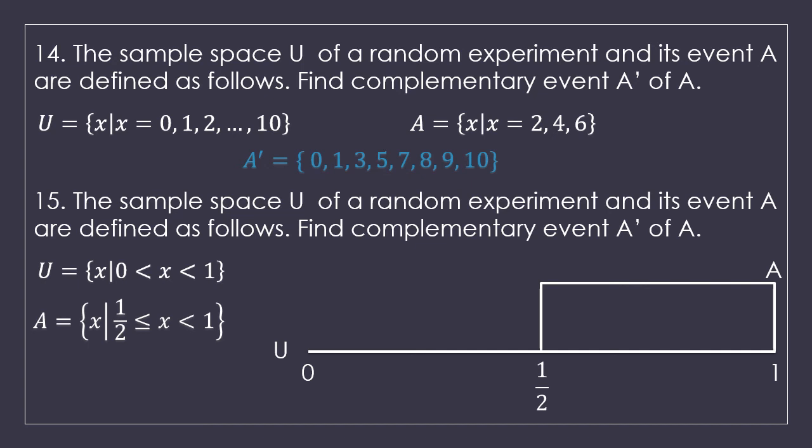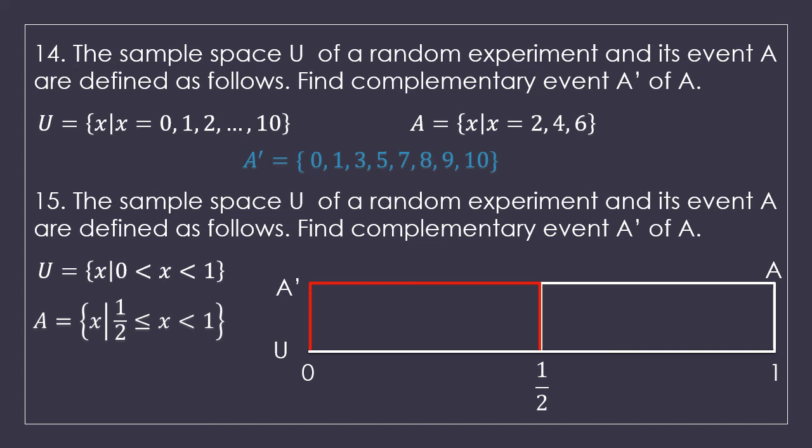Now complementary event means all the remaining portion of the universe is my complementary event, that I am showing right now as a red highlighted box here. So as you can see, the range of this red highlighted box is from 0 to half, but as A is equal to half, A dash will not be equal to half.